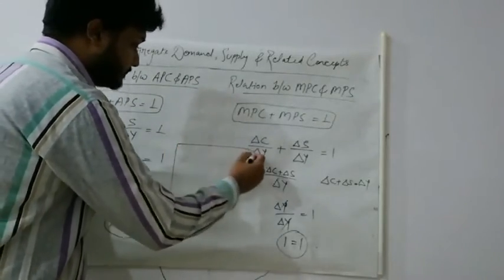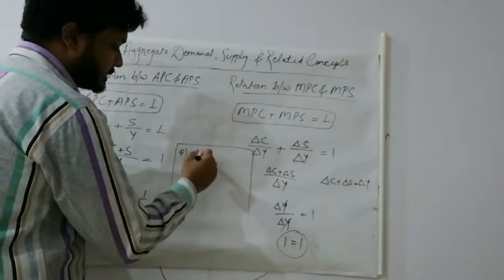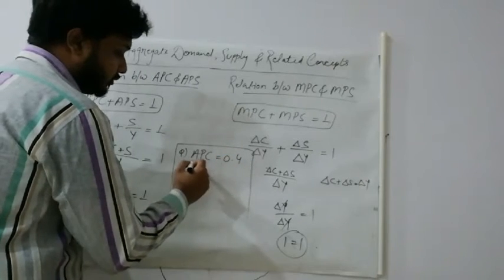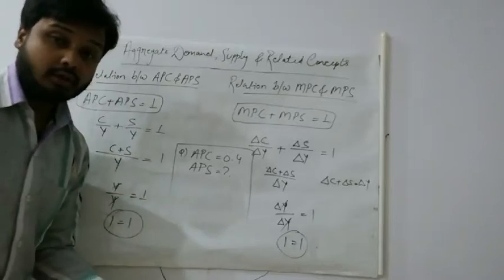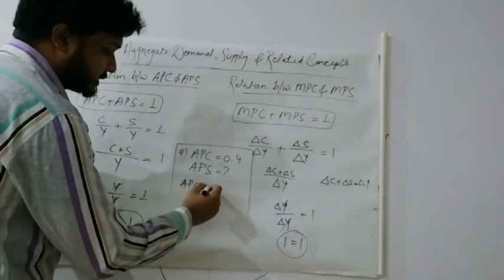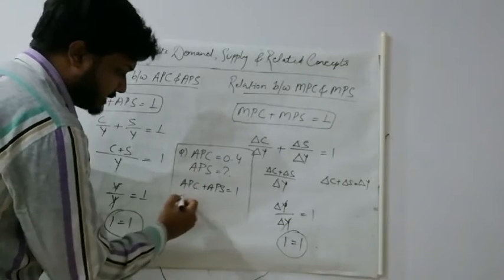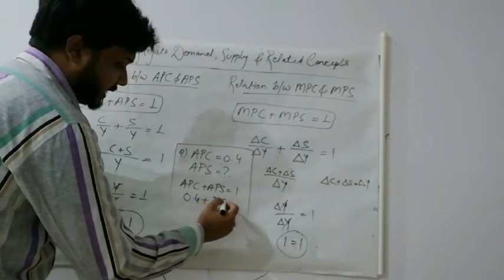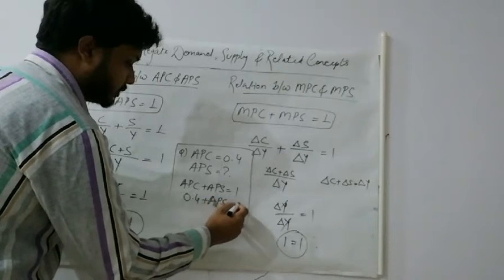For example, if anywhere the value of APC is given, let us take 0.4, and we want to know the value of APS. Okay, so how can we find that? APC plus APS is equal to 1. So APC will be given 0.4 plus APS, let us take X, or let it be APS only, is equal to 1.